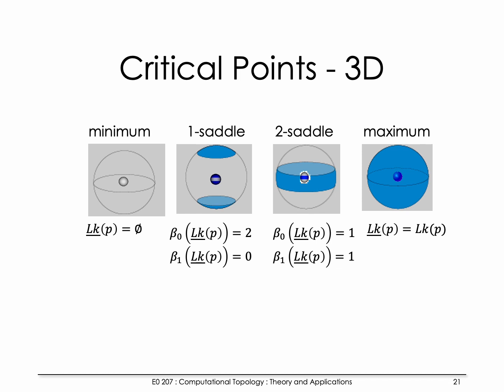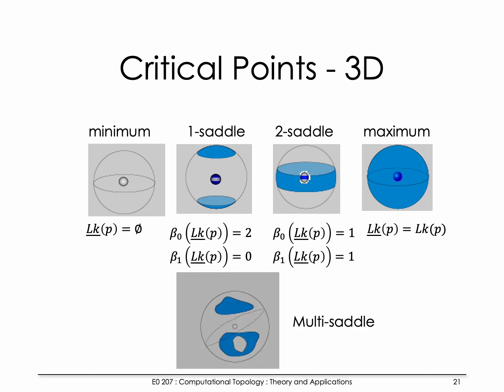So just like we saw earlier, we could have monkey saddles or the equivalent of monkey saddles in 3D. So more generally, multi-saddles. These multi-saddles are characterized by the fact that their lower link has more than two components, or the lower link has two components, and in addition the lower link also has a non-zero Betti 1, such as what is shown here.